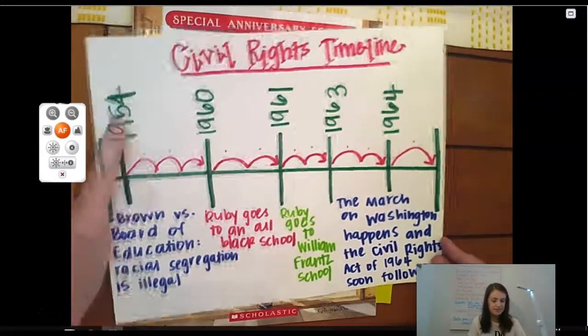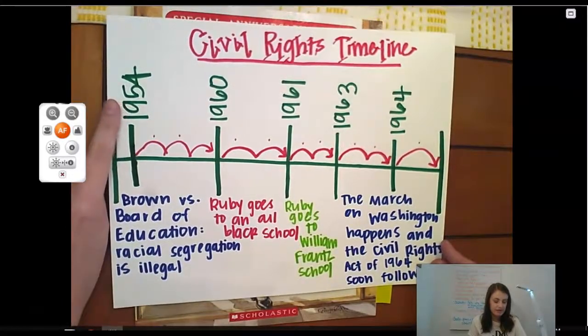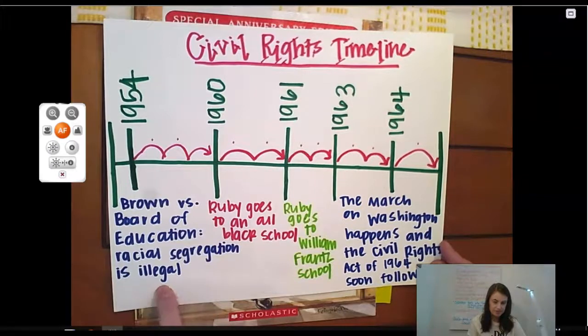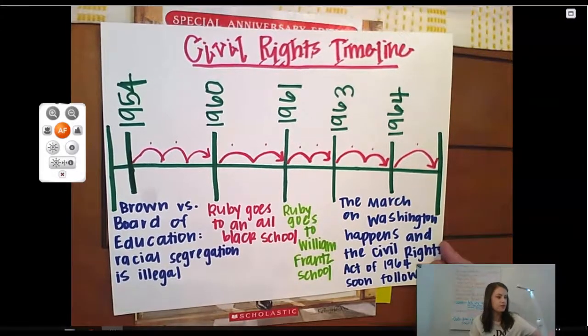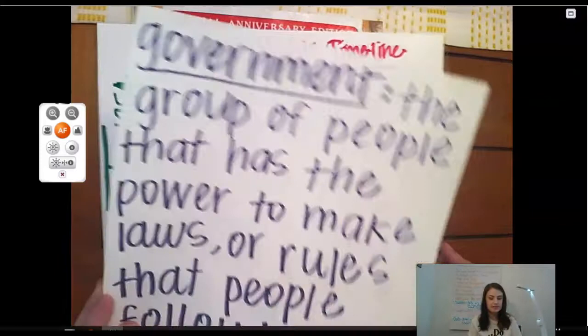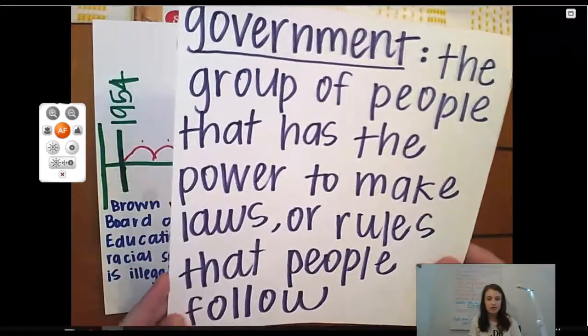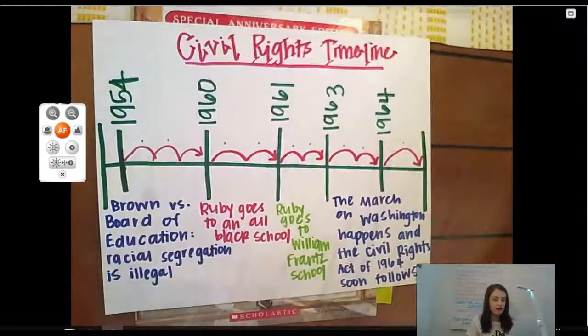So in 1954, the government said we can no longer segregate based on the color of skin in schools, okay? Remember, the government is the group of people that has the power to make laws or rules that people follow.